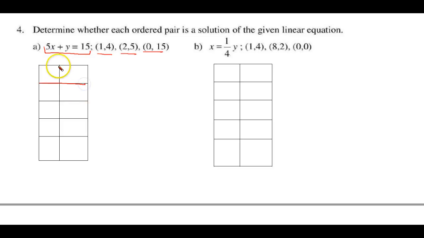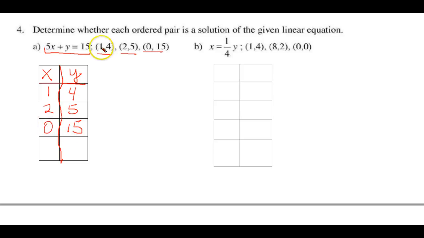What I'd like you to do is just make what is called a T-chart, where we put the X value there and the Y value there, and write these in. 1, 4, 2, 5, 0, 15.